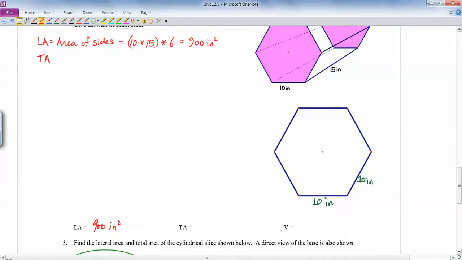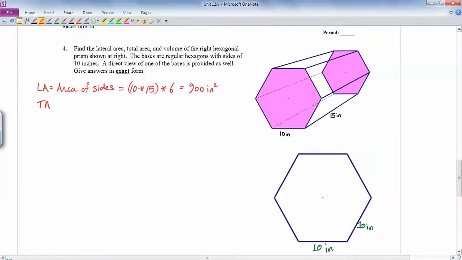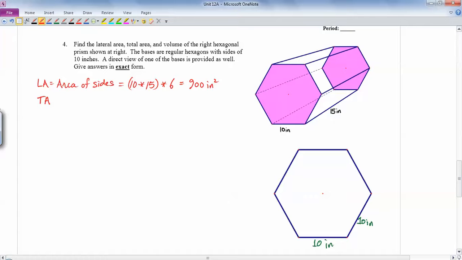Okay, next thing we want is total area. The total area is going to be all the sides, plus the front in this case, plus the back. So we need the front and the back. So let's get the area of the hexagon, and then we can double that. Okay, so it's a regular hexagon.